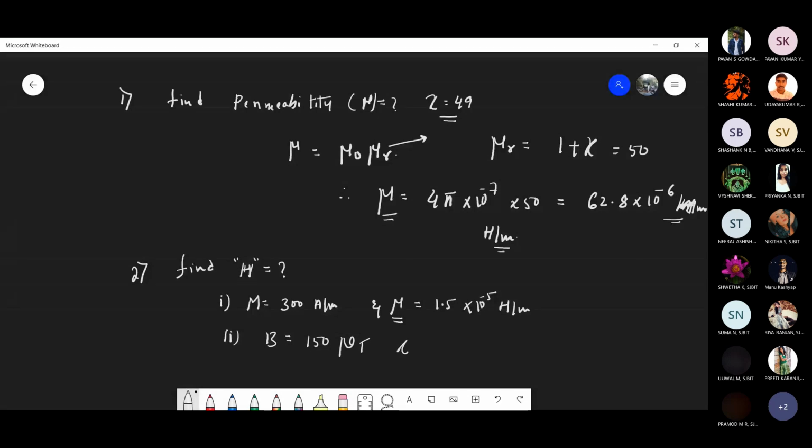And psi m is equal to 15. It's an integer value actually.